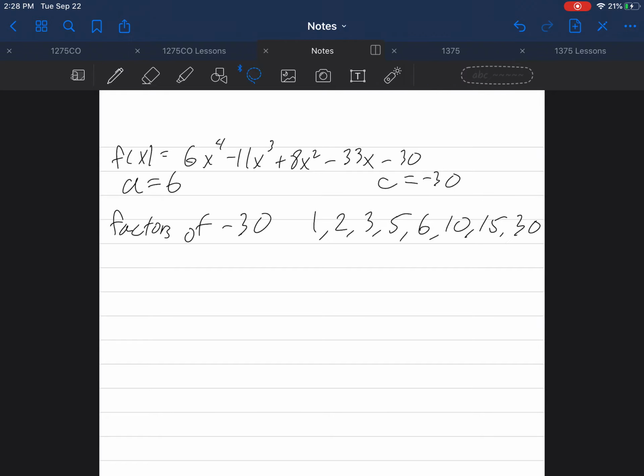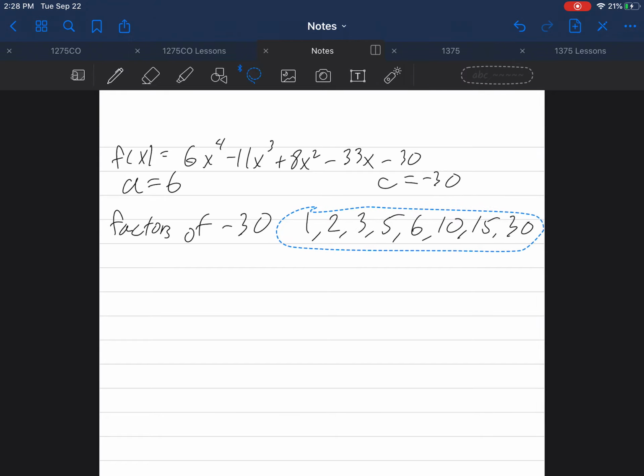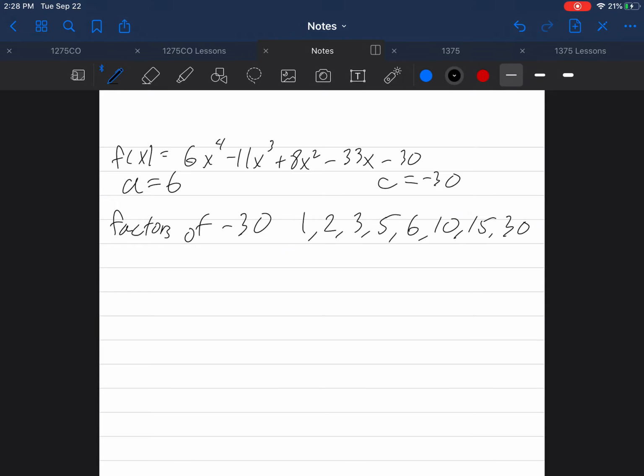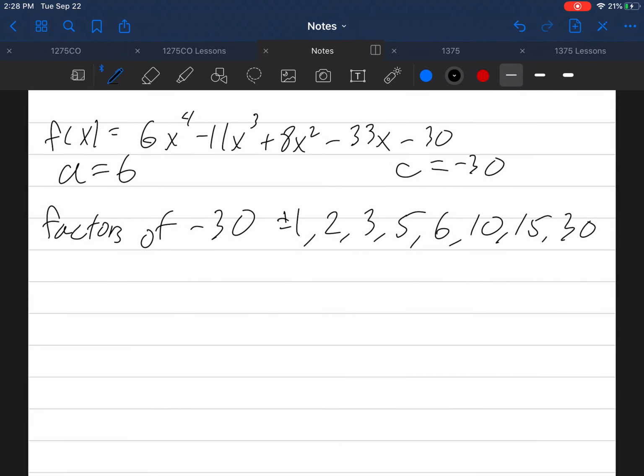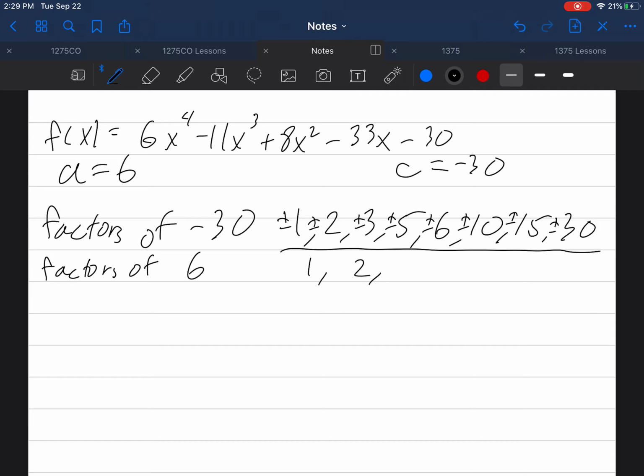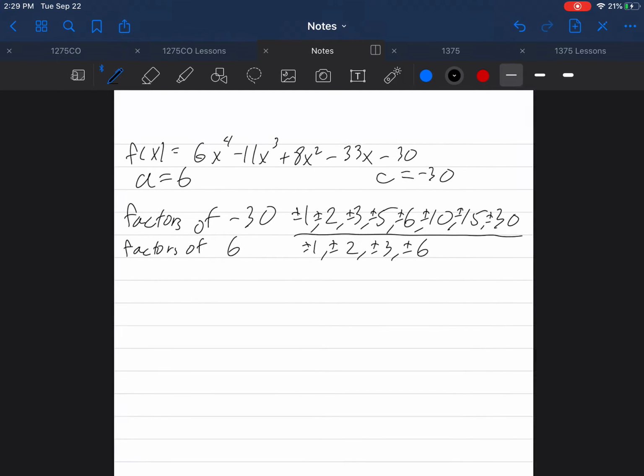But remember, again, the real nasty thing here, and it's just going to be long, that's just the way it is, is that these are positive or negative. And then the denominator, we're going to have the factors of 6. That's 1, 2, 3, and 6. Positive or negative, once again. So a lot to handle here.